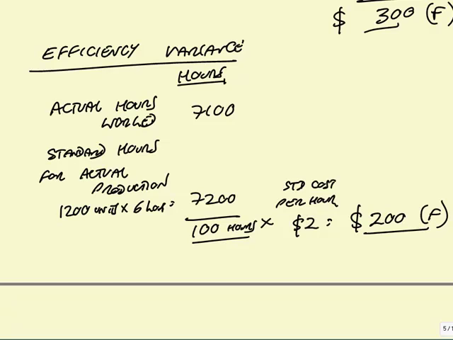The variances are always the same. So it normally doesn't even tell you. But for the previous three, it wouldn't make any difference. If we said we were using absorption, if we said we were using marginal, the workings are always the same. It's fixed overheads where the two would be different. I'll remind you, or you can tell me the difference after, but for this one, we're using absorption costing.